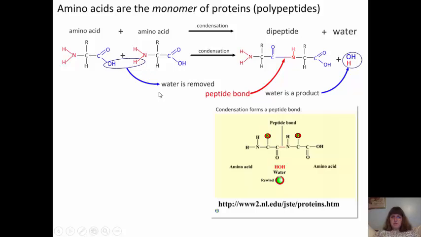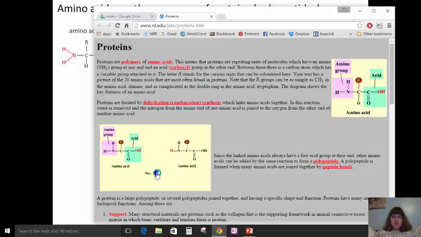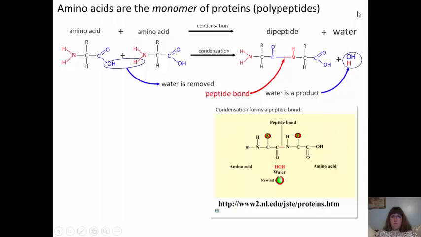Those are going to become water. And then a bond will form between. This bond is a peptide bond. And then here's our water product. Here's a little animation. There you go. Seeing it in motion.